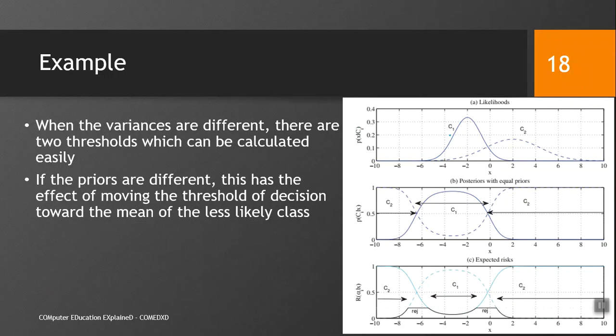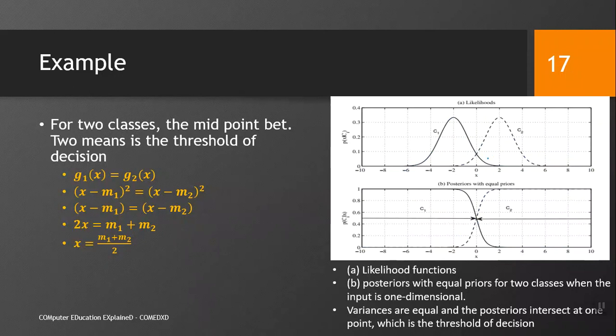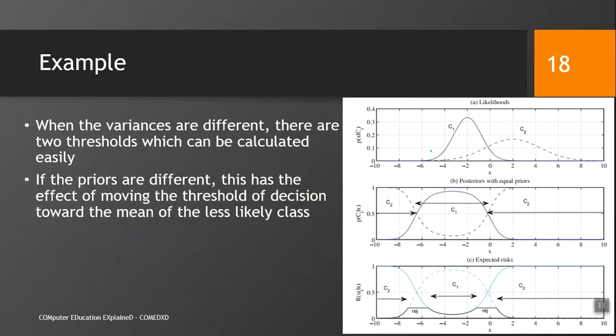So this is the C1 class and this is the C2 class, and here you can see that the variances are the same, right, but here the variances are different. This dotted line distribution has higher variance as compared to this C1 variance.